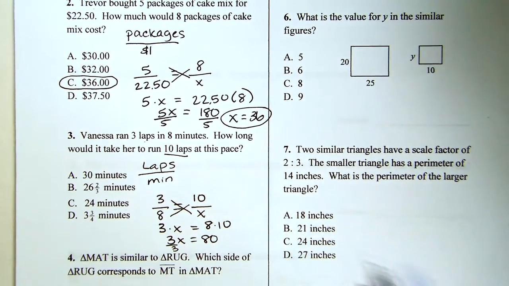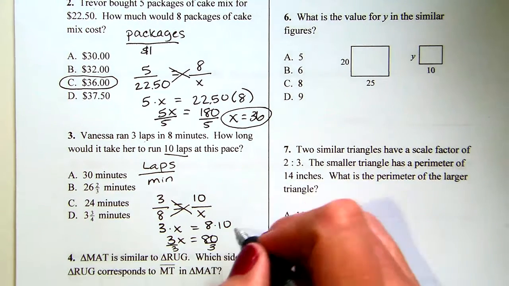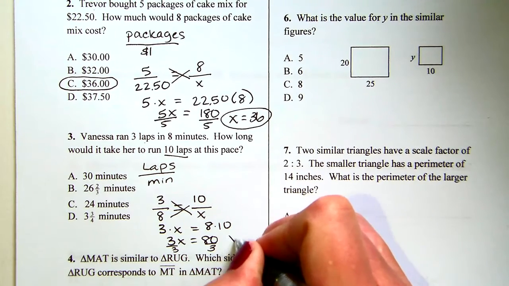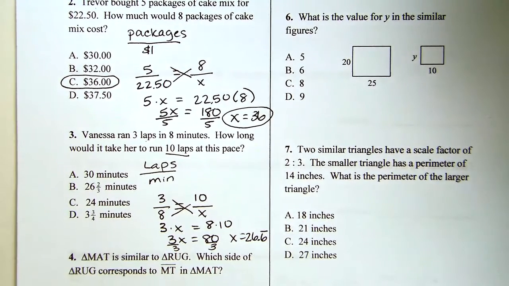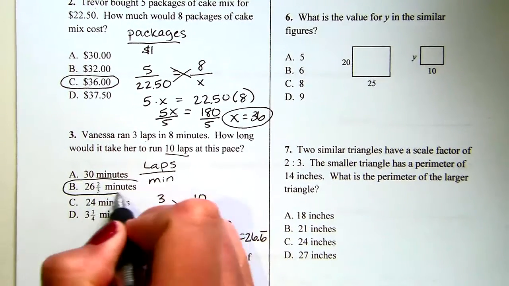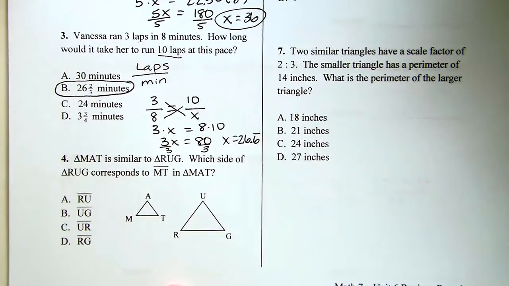We're going to divide by 3 on both sides, and 80 divided by 3 is going to give us 26 2/3, or 26.66. That 6 is repeating, and 2/3 is our equivalent of that. So our answer is going to be B. Number 4. Triangle MAT is similar to triangle RUG.